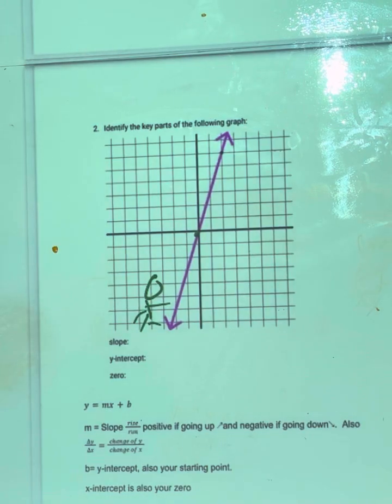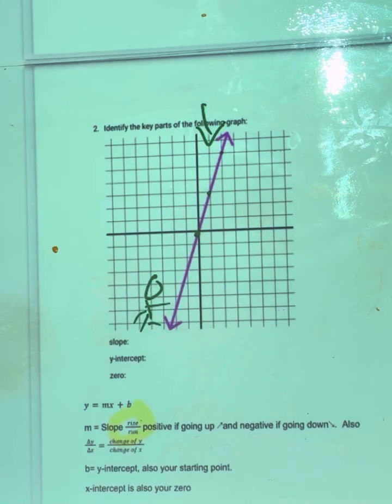Okay, so we've got this one. That's your y-intercept, and one right there. And of course, they gave us one. If they give you one, it's a good idea to use it also. If you think you see another one, then fantastic. So if our slope is rise over what? Rise over run.